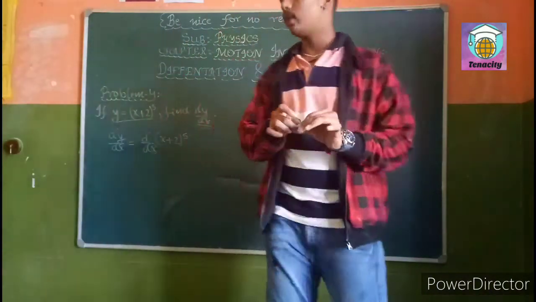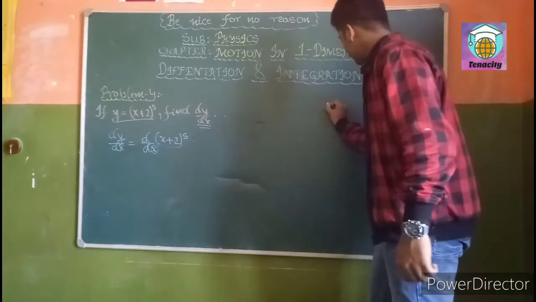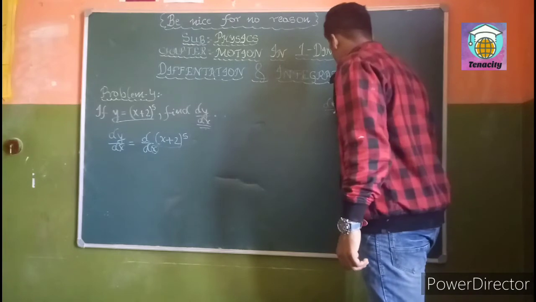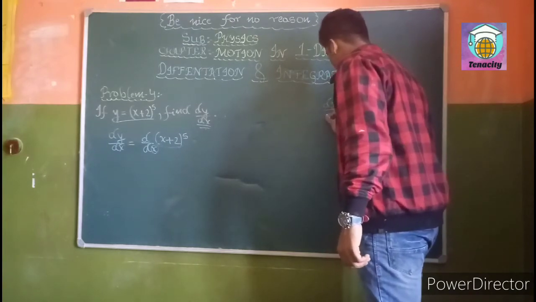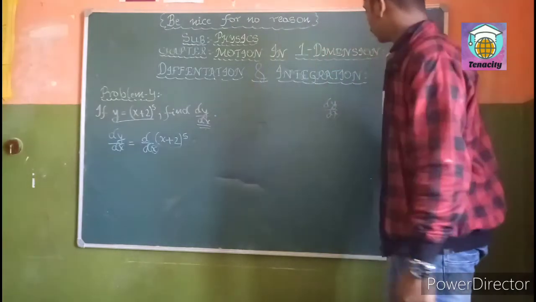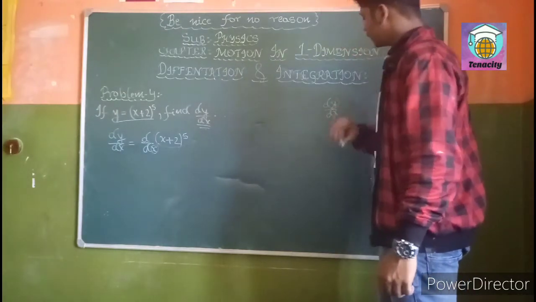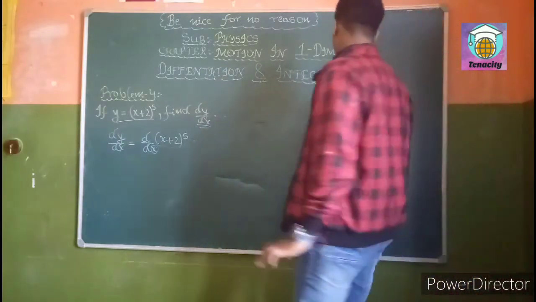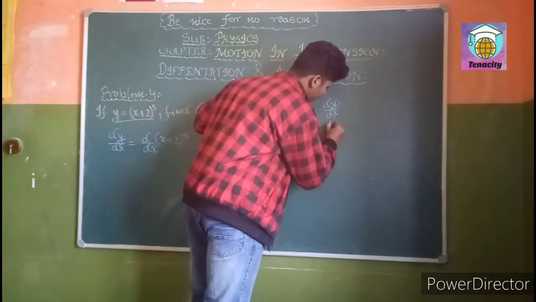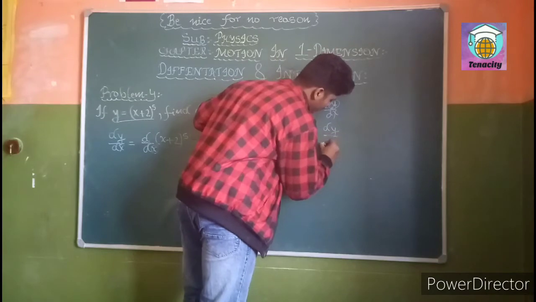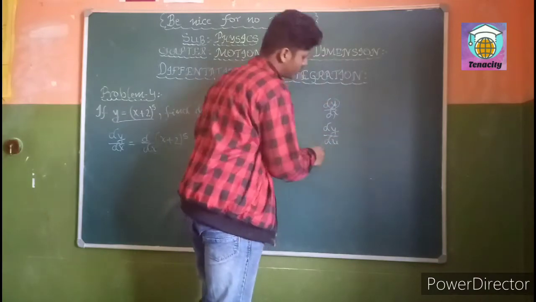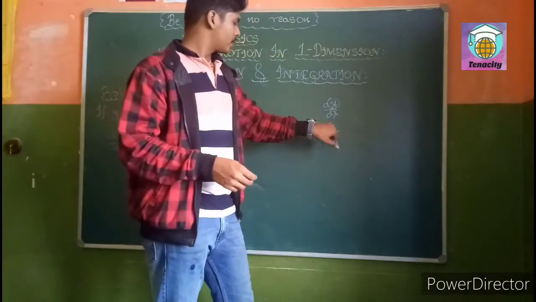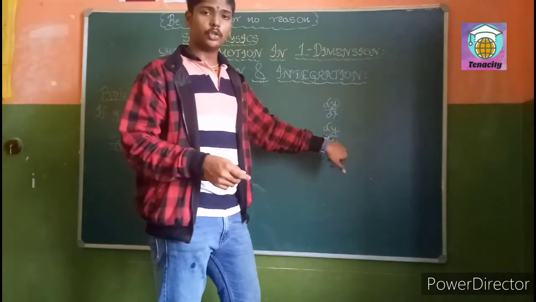So I am discussing the chain rule now. Suppose you consider dy by dx, when y is not in the format of x, you can write it as dy by du, where y is in terms of u. That means y is in the format of u.